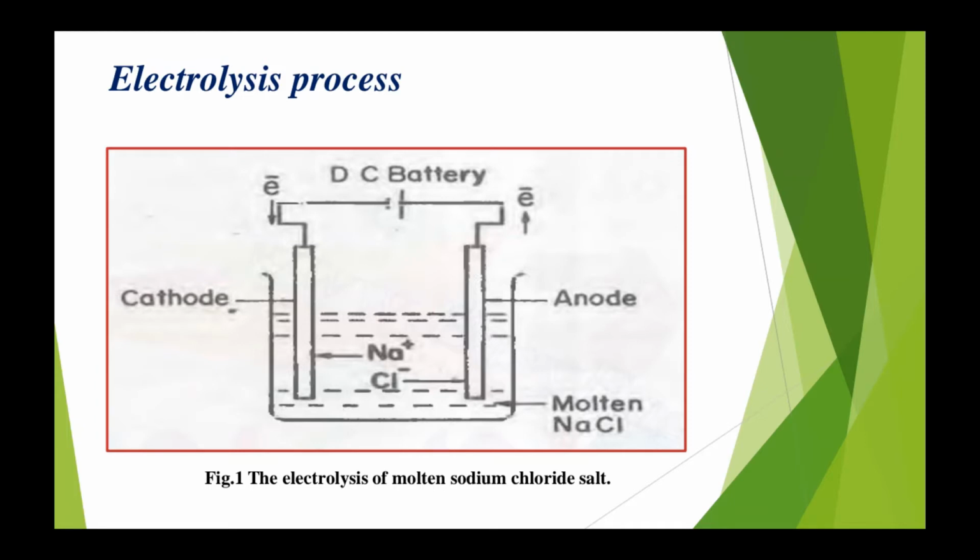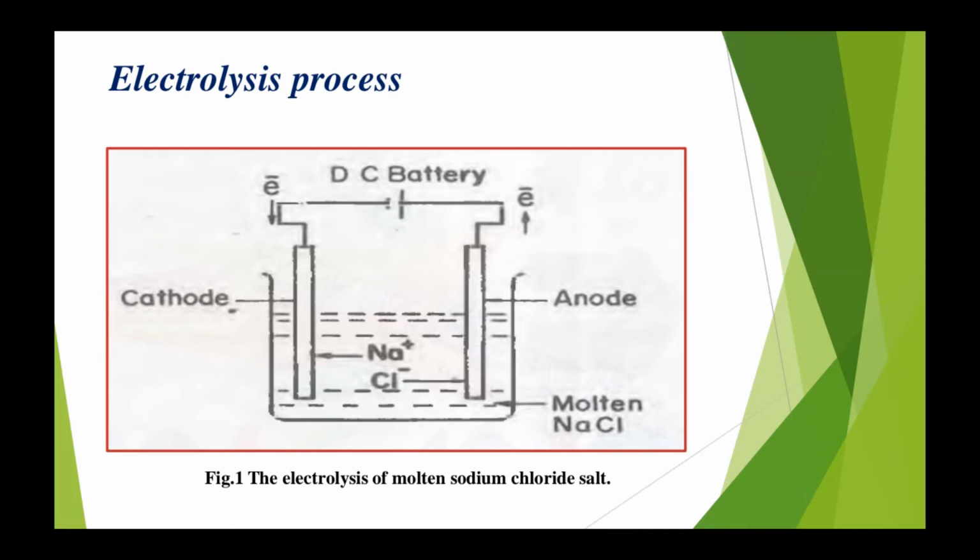Then sodium ions, that is Na+, from the medium combine with the electrons available at the cathode and produce sodium metal, which accumulates at the cathode region. That is, Na+ plus electron gives sodium. Thus sodium ions are reduced; a reduction process involves the addition of electrons at the cathode.